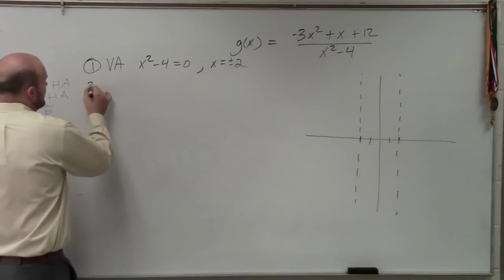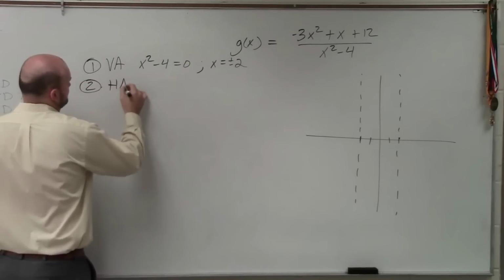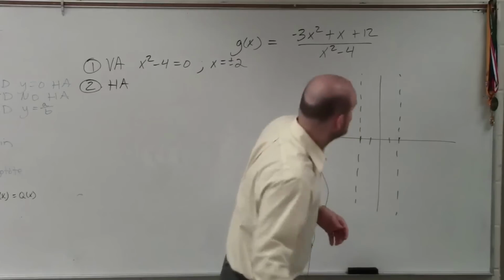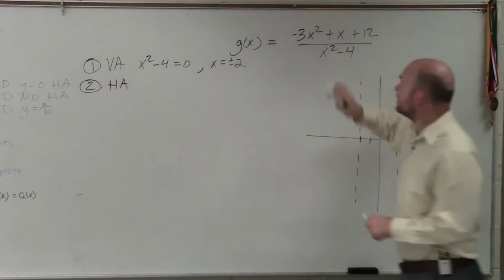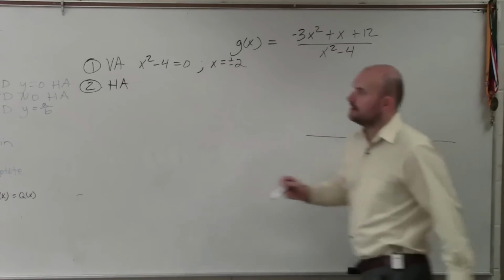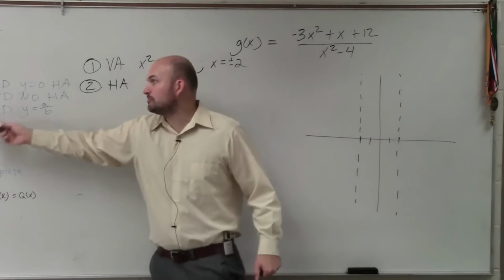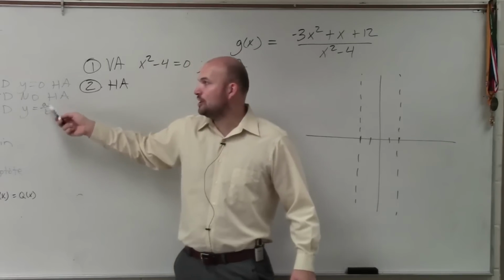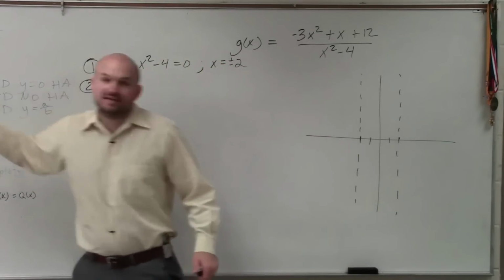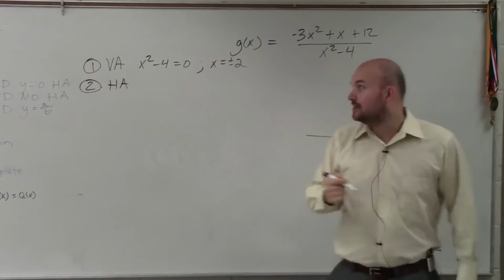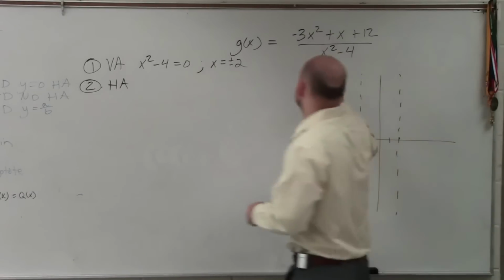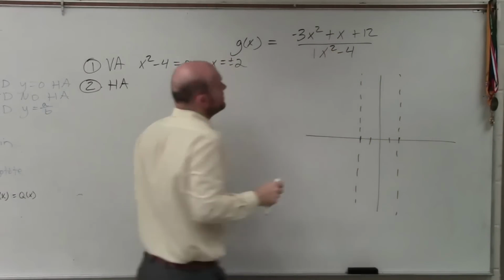Next thing, find our horizontal asymptotes. Basically we're looking at the degree in our numerator over the degree in our denominator. And what I state is when the degree in the numerator is equal to the degree in the denominator, y equals a over b, where a and b are the leading coefficients. So my degrees are exactly the same, right? The leading coefficient of my numerator is -3.